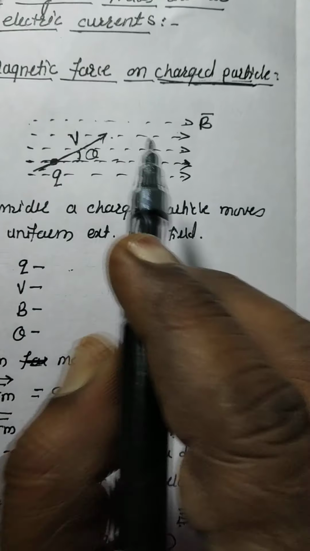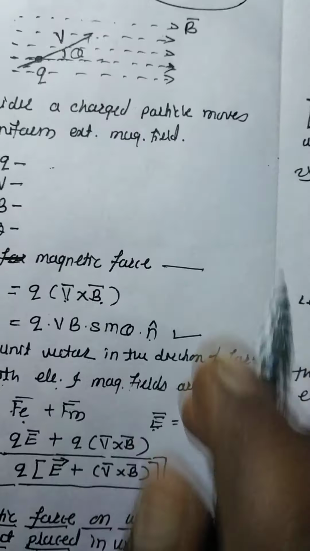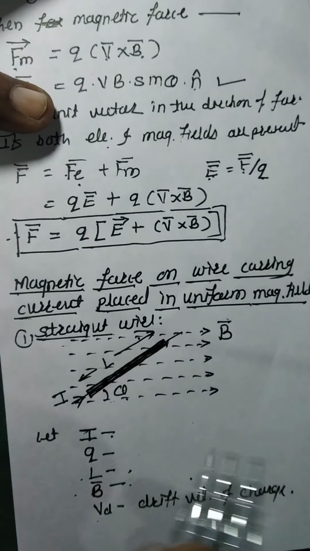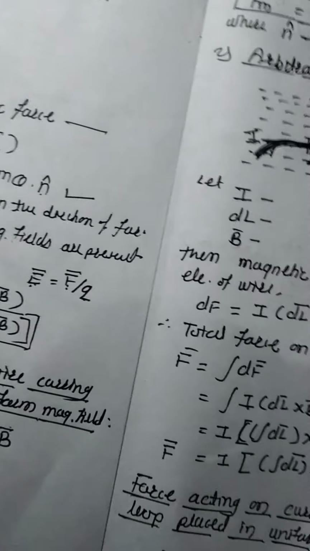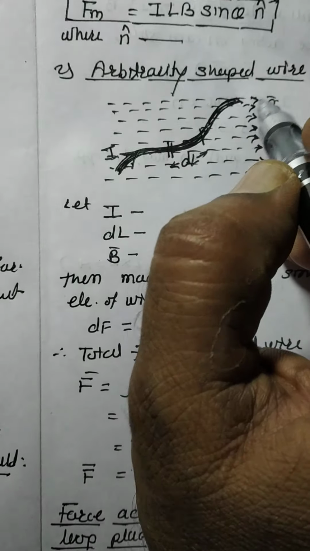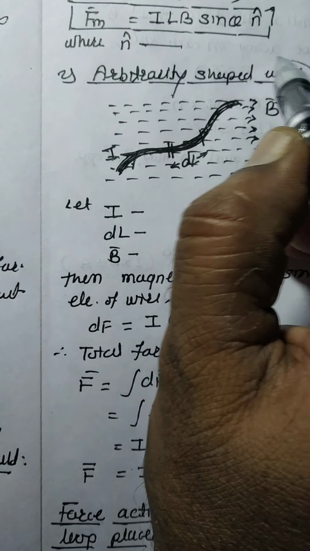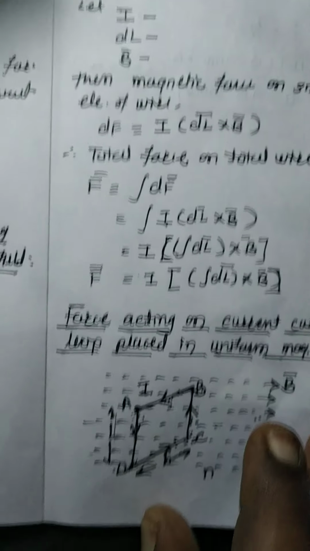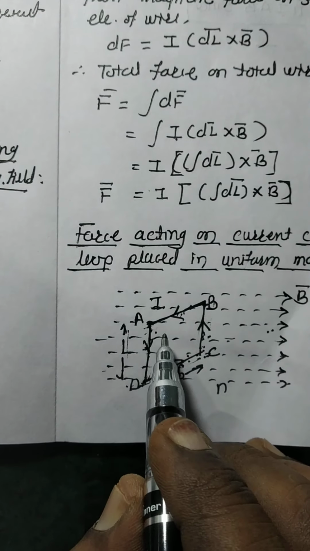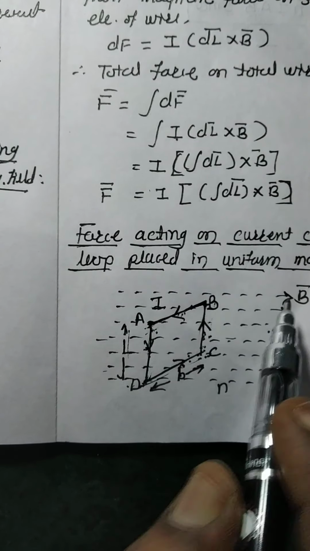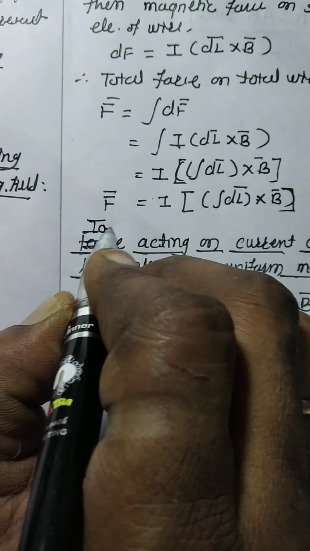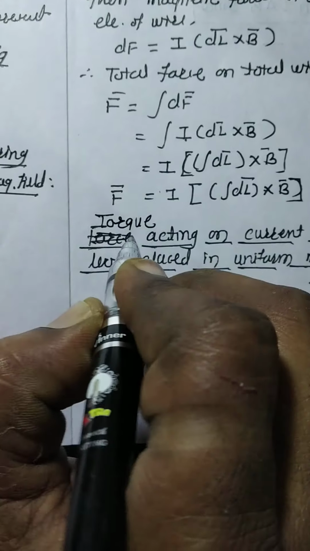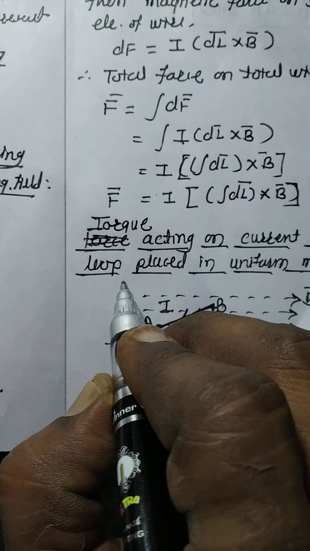काय काय पाहिलं आपण? मॅग्नेटिक फोर्स ऑन चार्ज पार्टिकल, देन मॅग्नेटिक फोर्स ऑन स्ट्रेट current carrying conductor in uniform magnetic field, then magnetic force on arbitrary shaped current carrying wire, and torque acting on. खरं तर इथे एक्सप्रेशन आहे टोर्क, torque acting on current carrying loop placed in uniform magnetic field.